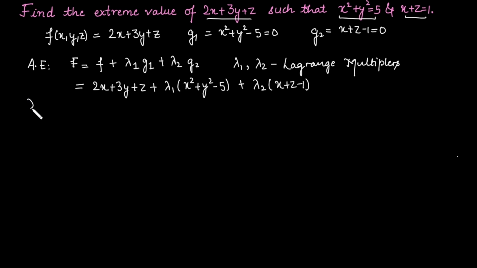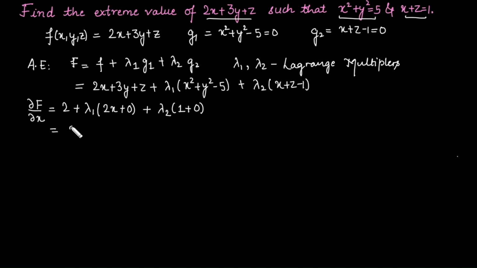Now find the critical point. For that, take the partial derivative of the function with respect to x. In this case, the derivative is 2. The derivative of the other terms with respect to x is 0, plus lambda 1 times its derivative with respect to x, which is 2x, plus 0, plus lambda 2 times its derivative with respect to x, which is 1, plus derivative of z with respect to x is 0, and for the constant term again the derivative is 0.